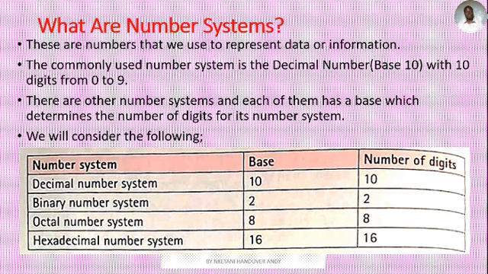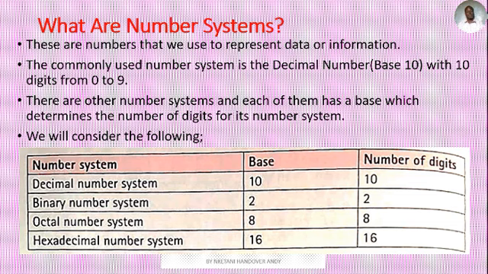Then the binary number system, which has 2 digits, 0 and 1. Then the octal number system, known as base 8, which has 8 digits, 0 up to 7.